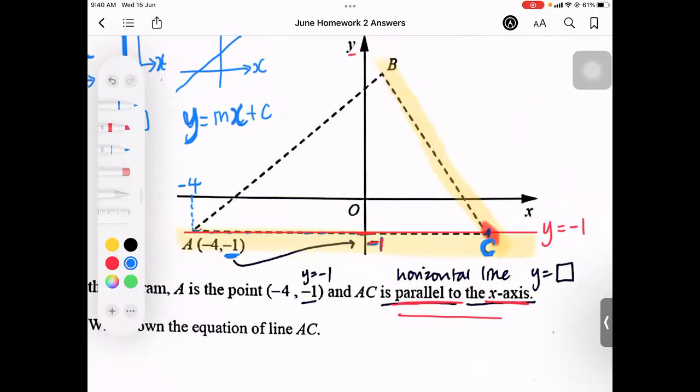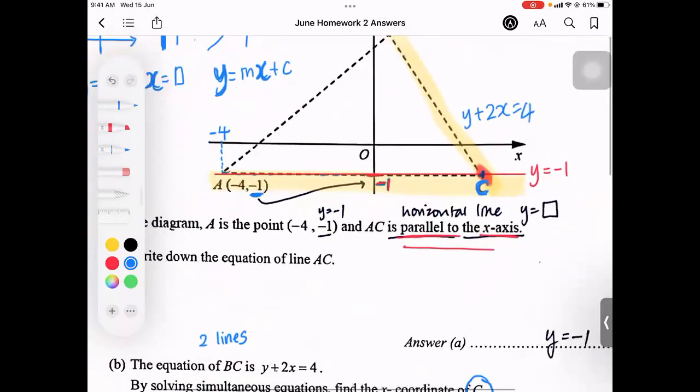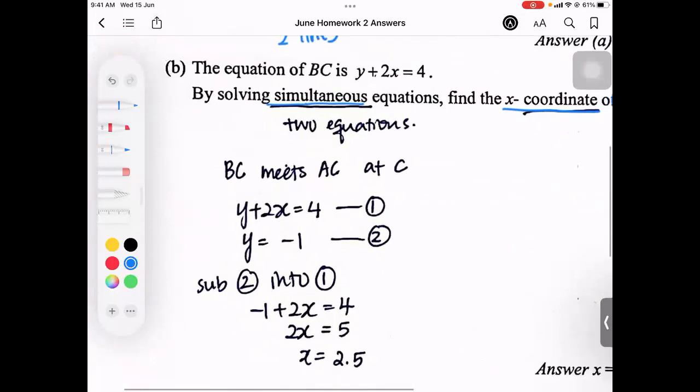I have the equation for the first line already. Y equals this for BC. Then what's going to be the second line? The second line is the equation for AC. That means both of them meet at C. Equation 1, the line equation for BC. Equation 2, the equation for the line AC.